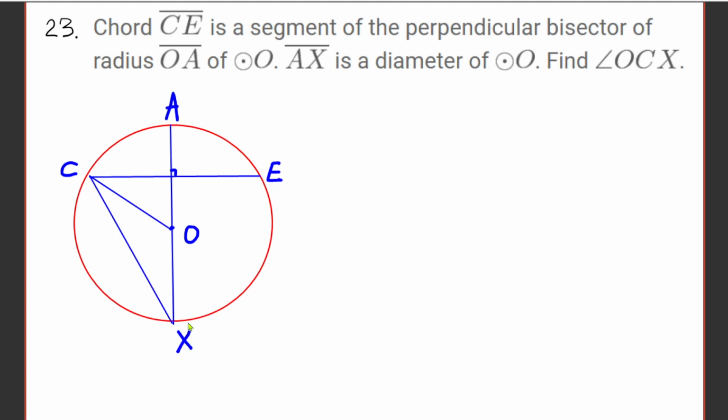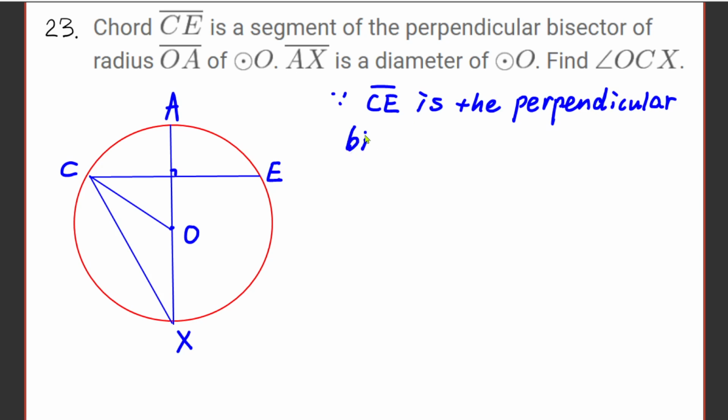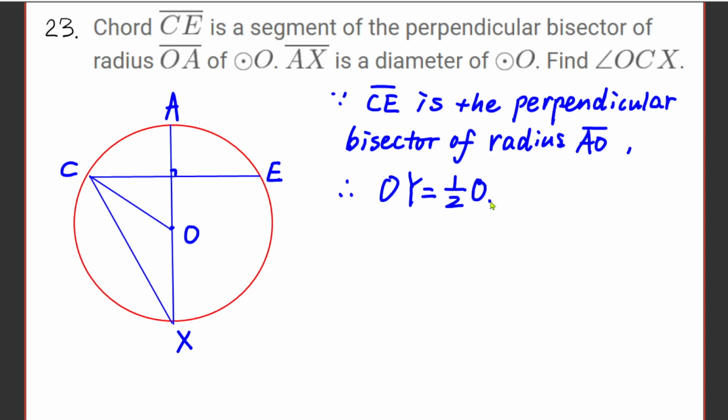AX crosses the midpoint, the center of that circle O. So since CE is a perpendicular bisector of radius AO, we have OY must equal half of OA, right?